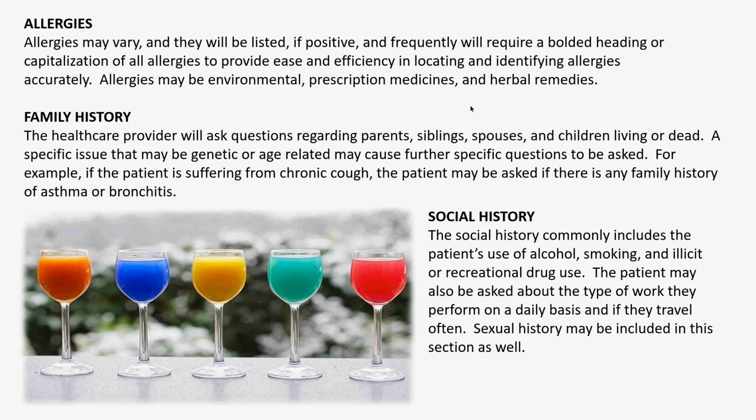They may also ask what type of work you do, because with asbestosis and mesothelioma, if people worked in old factories where there was asbestos exposure, that could be a cause for mesothelioma or a certain type of lung cancer. Sexual history may also be included in this section.